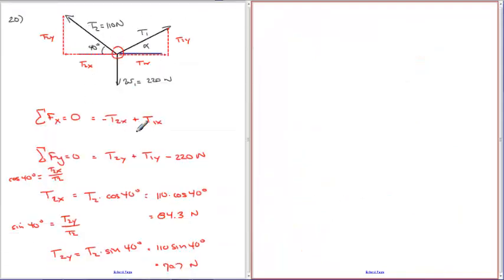So from this equation, we can solve for T1x, which is just equal to T2x, which is 84.3. And then we can solve this one for T1y.